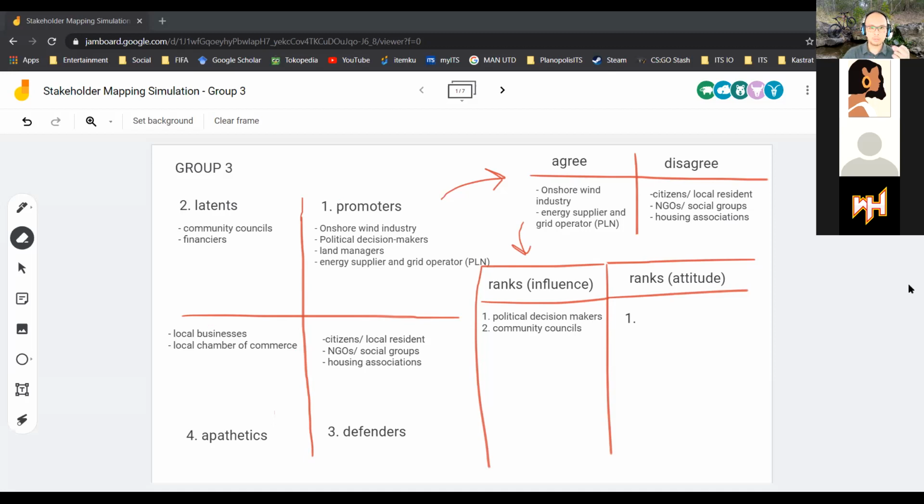You've already begun to identify the key stakeholders by guessing who agrees and who might disagree, and you're already ranking the stakeholders according to their influence and your predicted attitude. So I think you guys are on the right track so far.